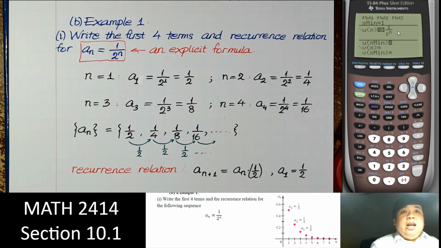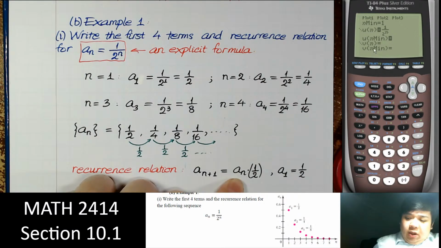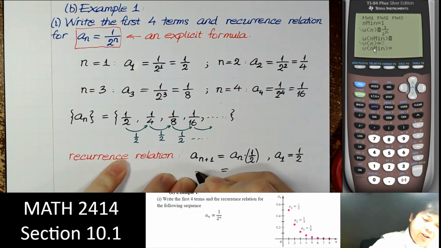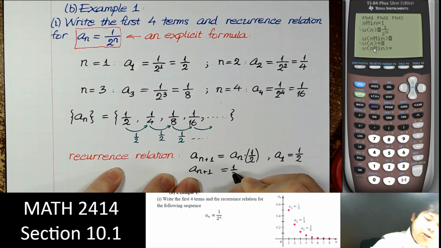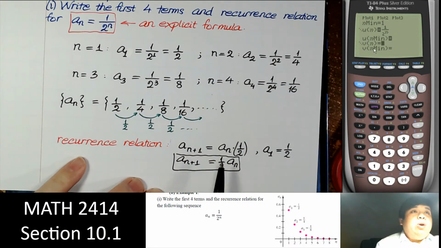Right. Now, we can also enter the recursion relation in here. Notice that with second graph, we have this list of numbers, right? Now, if we want to enter it as the recursion relation instead, we go to the second one. This is for U, the sequence U. This is the sequence V. We're going to enter 1/2, we can enter like that.